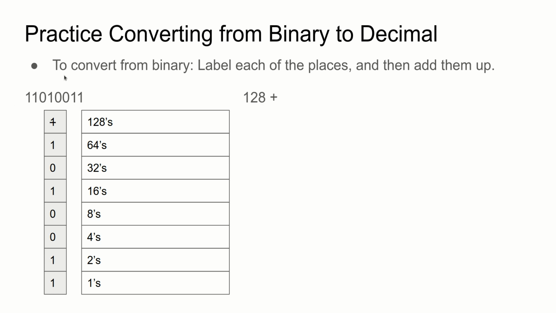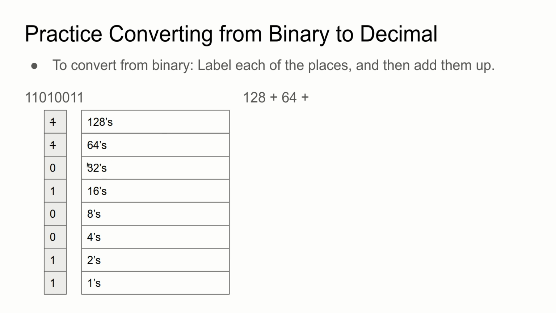So we know that this number includes 128 because that place is on, it's 1. Then we look at the next place that's on, that is a value of 1. That's the 64s. So 128 plus 64 is part of our number. Both of those are values that are included in the sum that will represent our number.